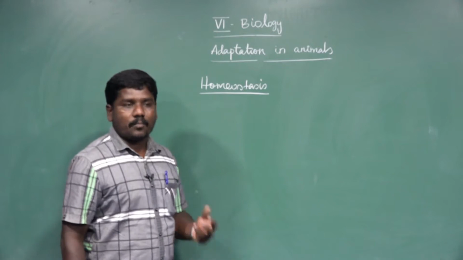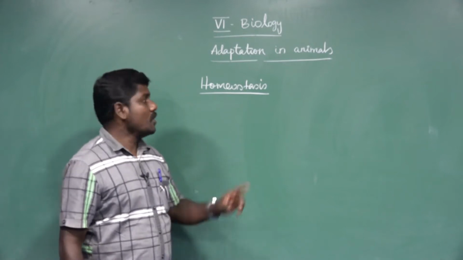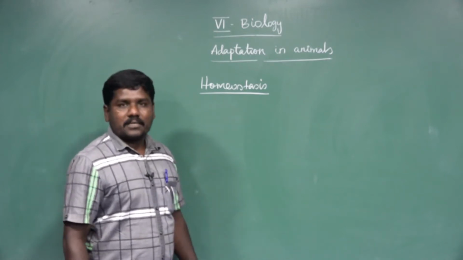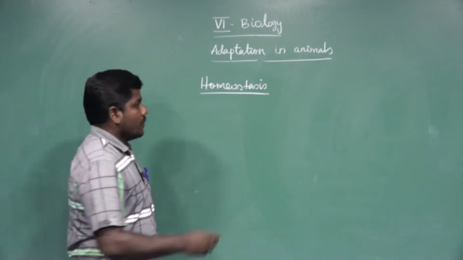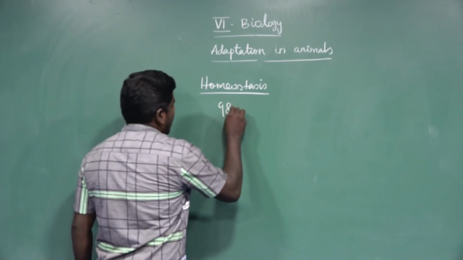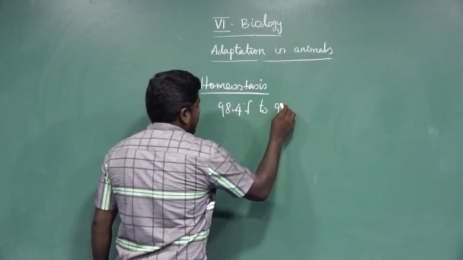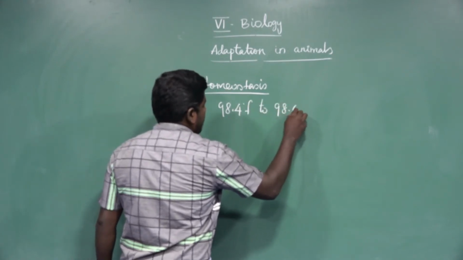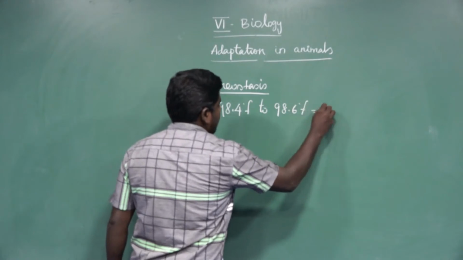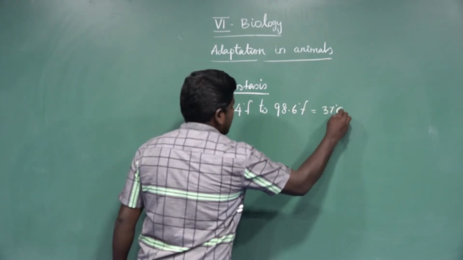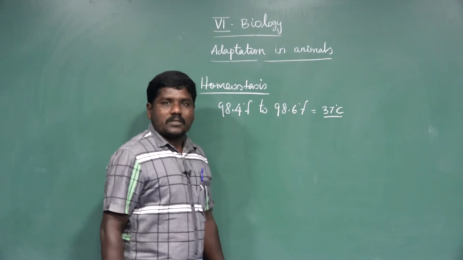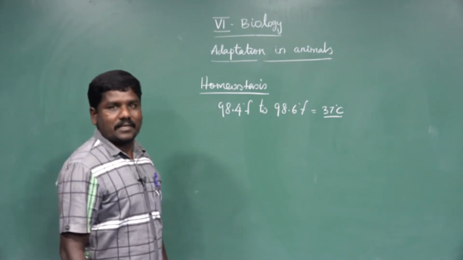That is called the homeostasis mechanism. The normal body temperature of a human being is 98.4 to 98.6 degrees Fahrenheit, commonly known as 37 degrees Celsius.